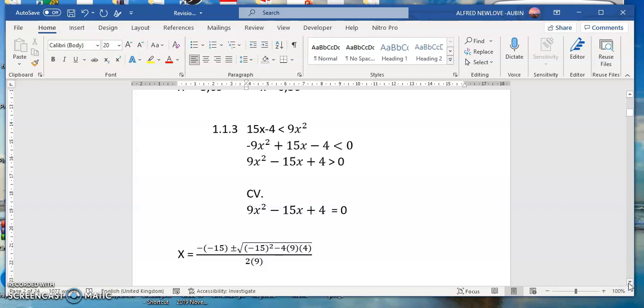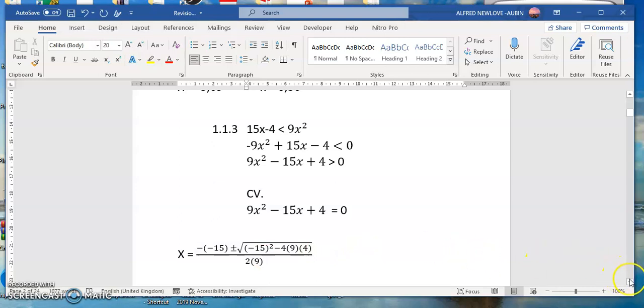We use the quadratic formula, and we know it's minus b, so our b is minus 15, so you substitute it here. Our b is minus 15, you substitute it. For your a is 9, and your c is 4. Divided by 2, your a is 9.